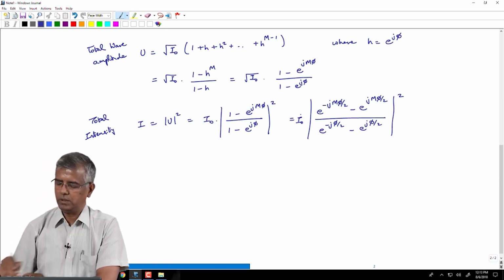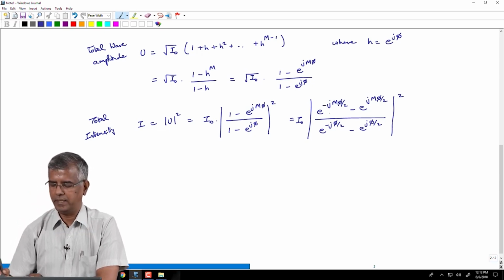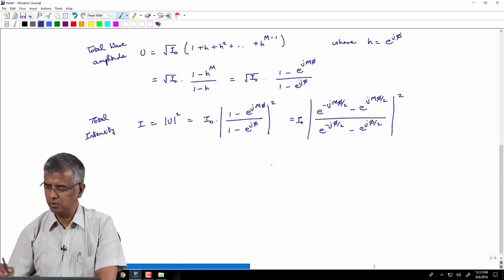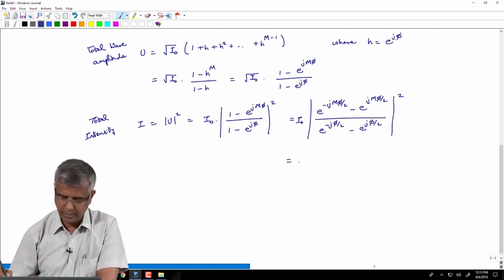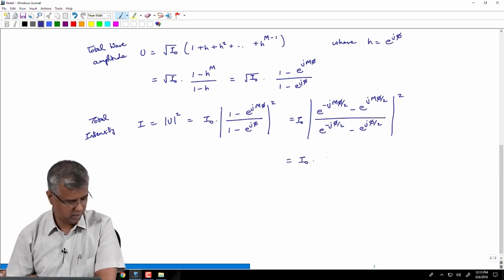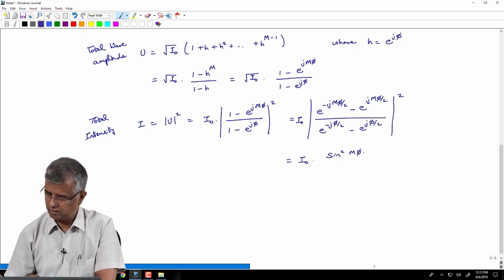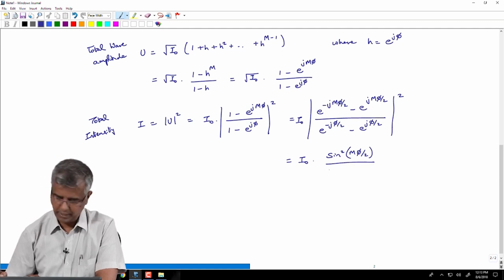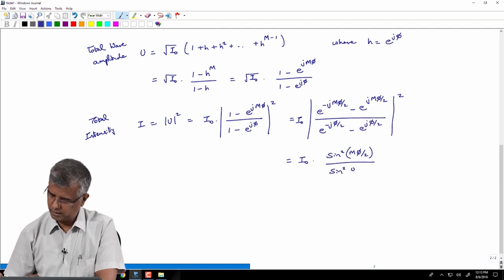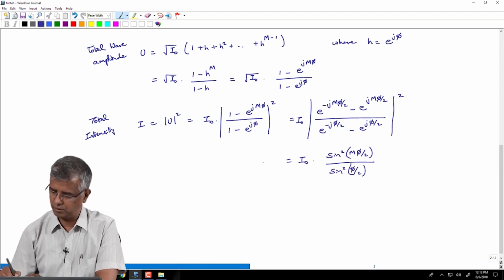If I then expand these two terms in terms of sine and cos, what I am going to get finally is I naught times sine square M phi by 2 divided by sine square of phi by 2.